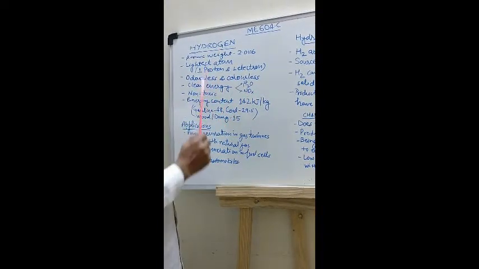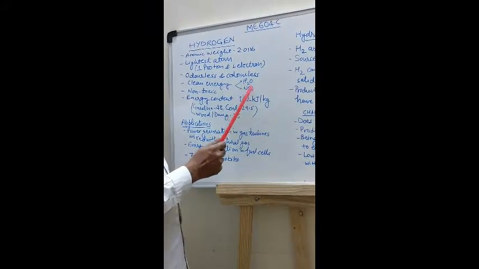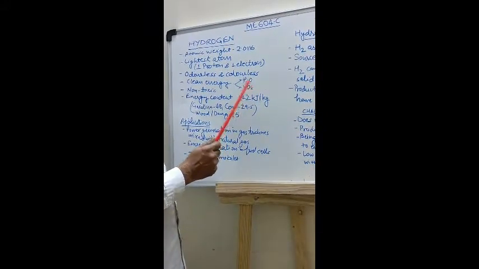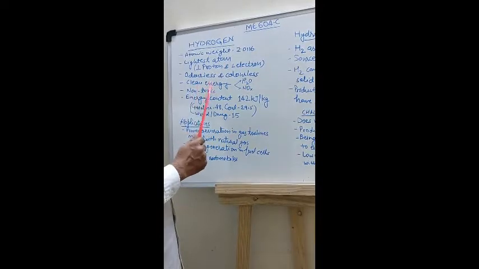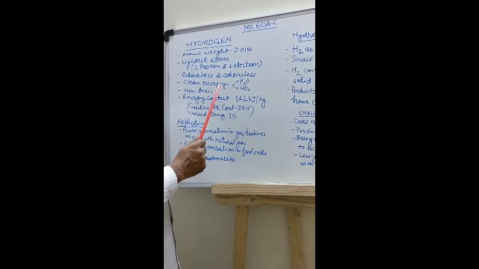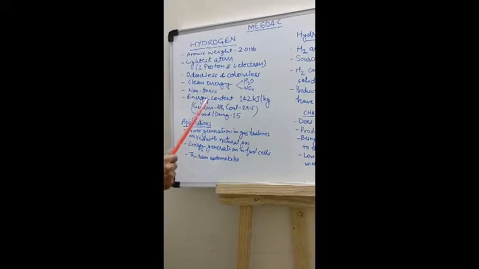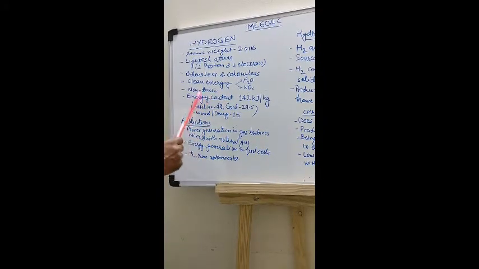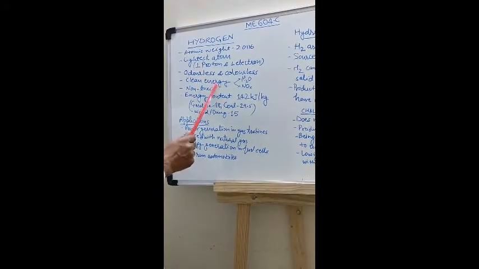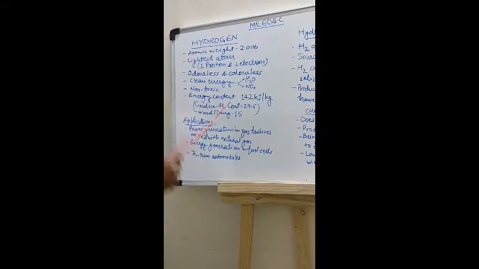Even if hydrogen burns with atmospheric air, a small amount of NOx, nitrogen oxide, is also present. But the product of combustion does not contain carbon monoxide, carbon dioxide, sulfur oxide or any unburned hydrocarbon, as in the case of hydrocarbon gases. So these two important parameters, energy content and clean combustion products, make hydrogen most suitable as a renewable energy source.